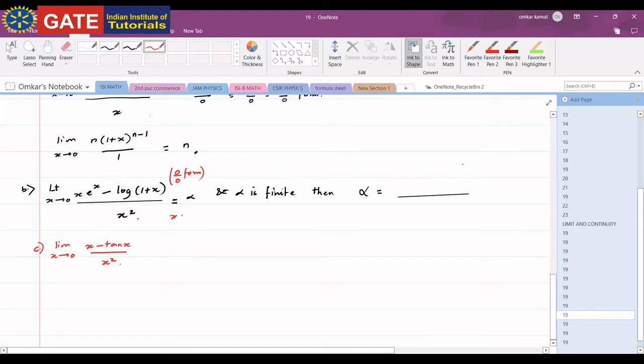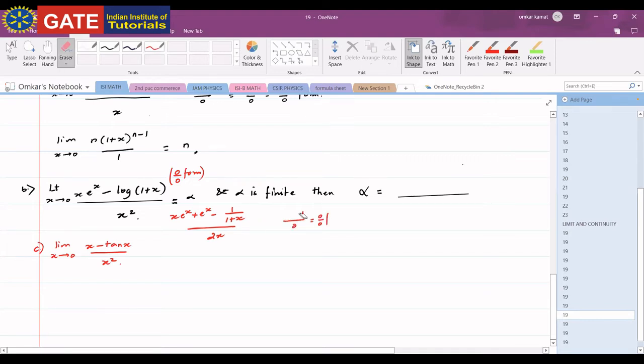So it will be x e to the power x plus e to the power x minus 1 by 1 plus x, divided by 2 times x. Now again you substitute the limiting value, x tends to 0, this will be 0, this will be 1. So this will be 0 plus 1 minus 1 divided by 0, again 0 by 0 form.